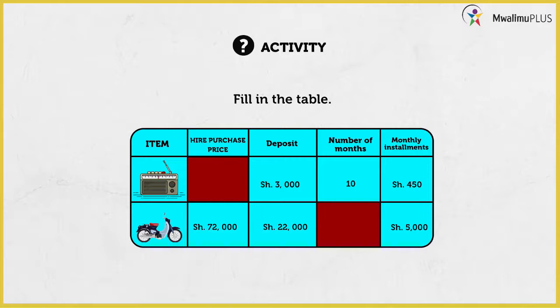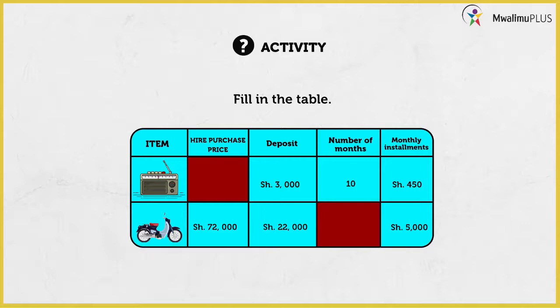I gave you the deposit, which was 3,000 shillings, the number of months, which was 10 months, and the monthly installment, which was 450 shillings. When we come to the motorcycle, the hire purchase price was 72,000 shillings, the deposit was 22,000 shillings, and the monthly installment was 500 shillings.